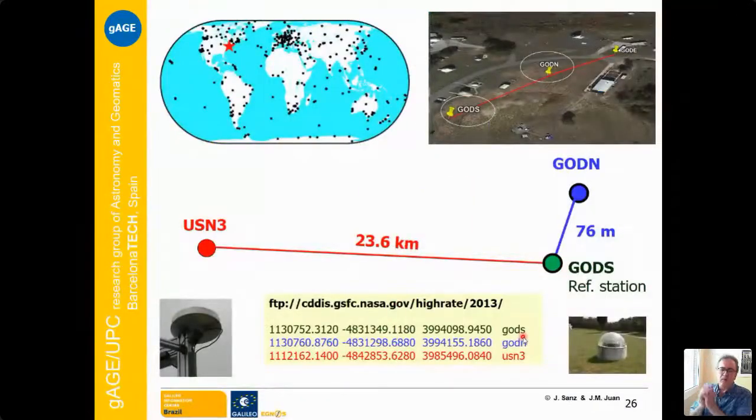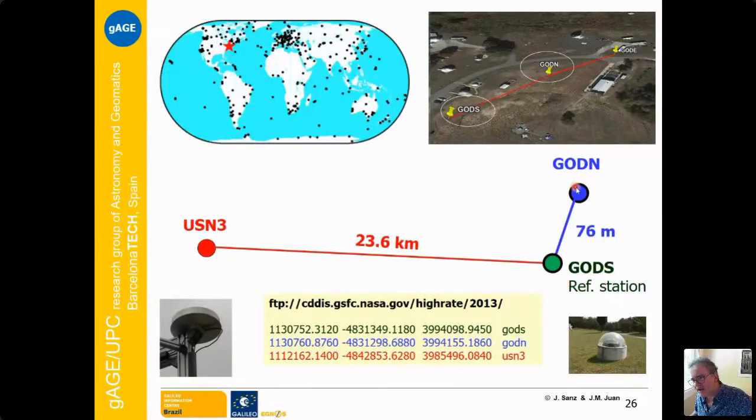Let's see an example. Let's see how it works in a real base data example. Here we have 3 receivers in Goddard, in Maryland, USA.